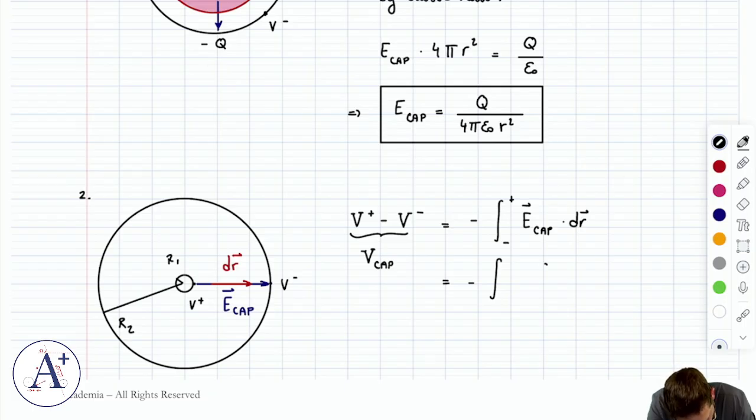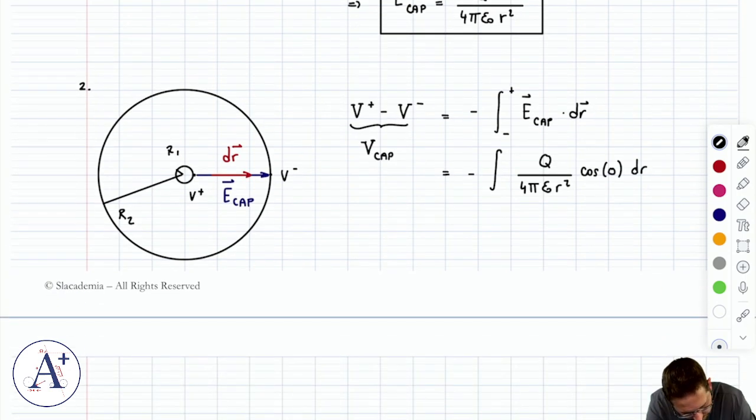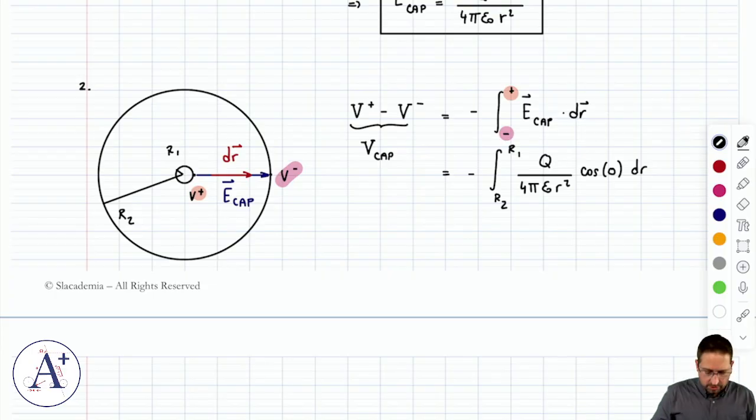And this is going to be Q over 4 pi epsilon naught r squared, cosine of 0, which is 1, dr. Then minus refers to V minus, and that is actually R2. Plus refers to V plus, and that corresponds to R1. So those are my bounds.